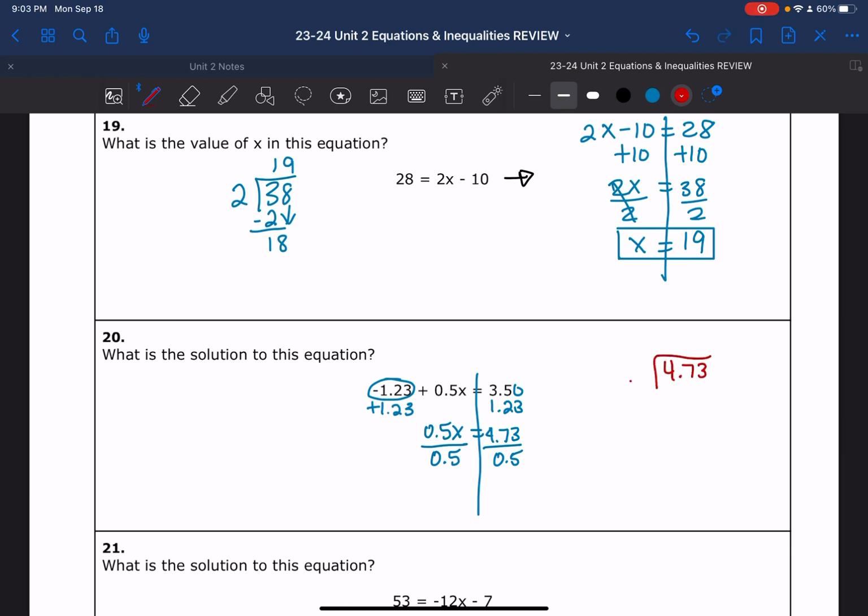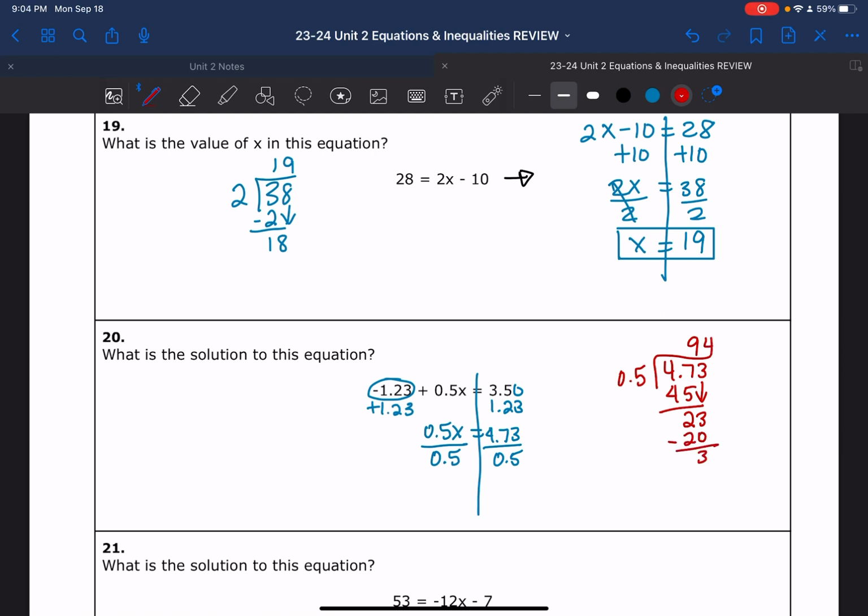Okay, so here, 4.73 divided by 0.5. We're forgetting about the decimals. How many times can 5 go into 47? Well, I know that 5 times 9 is 45, and I can't go any further than that. And this is going to be 2. Bring down the 3. 5 can go into 23 4 times, and that will be 20.